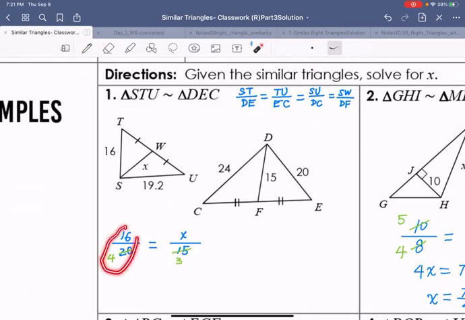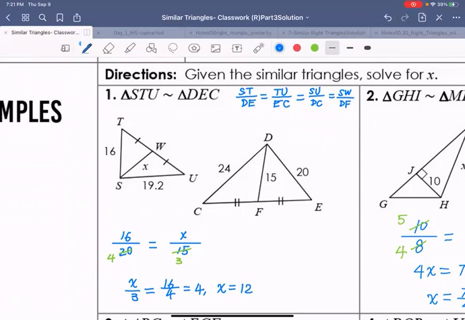So 16 over 4 equals x over 3. This is 4x equals? How much? You can do one more step. X over 3 equals 16 over 4 equals 4. So x equals how much, Christina? 12, right?